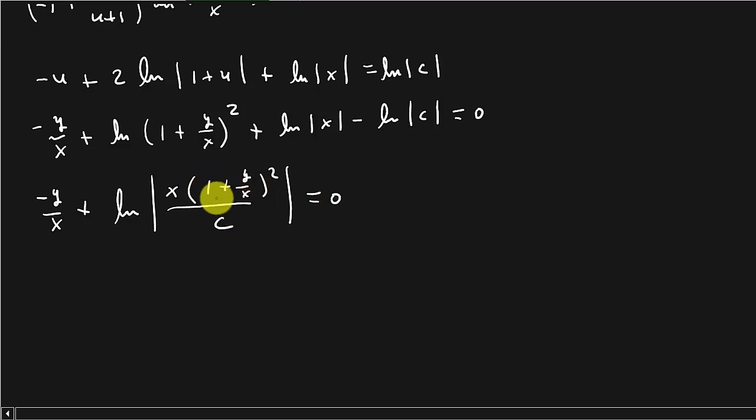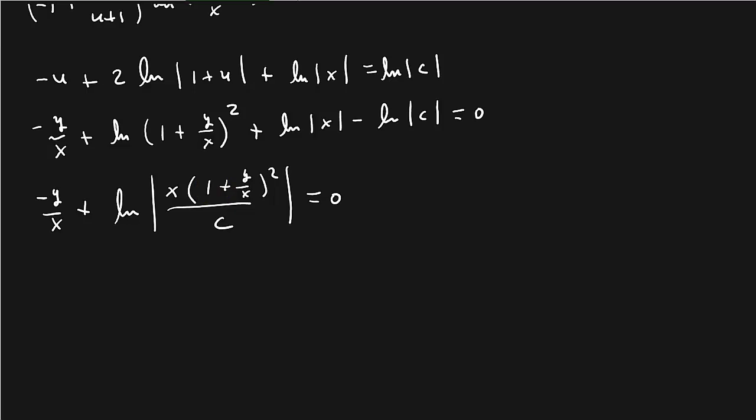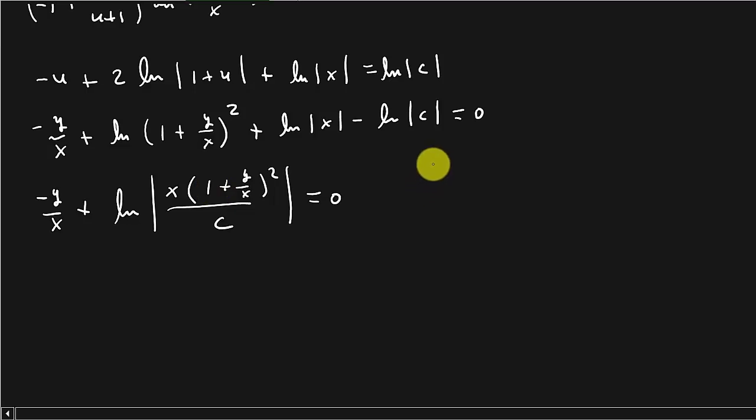Now let's do something with this in here. Remember we've got, I'm going to come over here to the side: 1 plus y over x. I can get a common denominator of x, so that's x plus y over x.